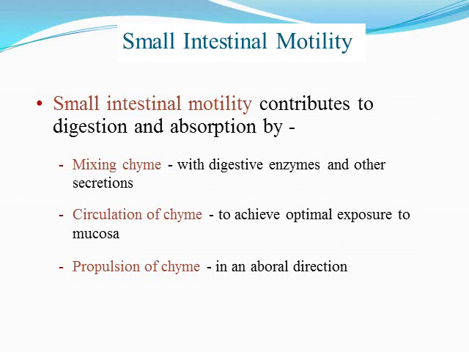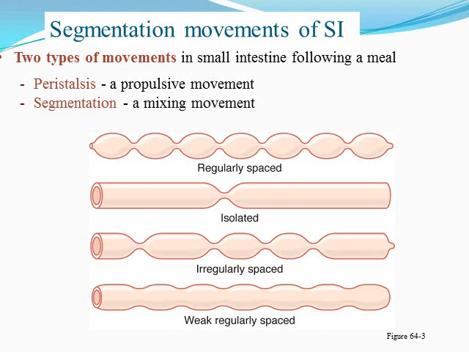Then, once the chyme's been mixed and also exposed to the mucosa to allow for absorption, we also need to move it through. That's why we have what's called segmentation in addition to peristalsis, to help move the food through and allow for it to mix. So that's what this is showing. Peristalsis is going to propulsively move the food through. We already talked about with the esophagus, same things happening in the stomach and in the small intestine.